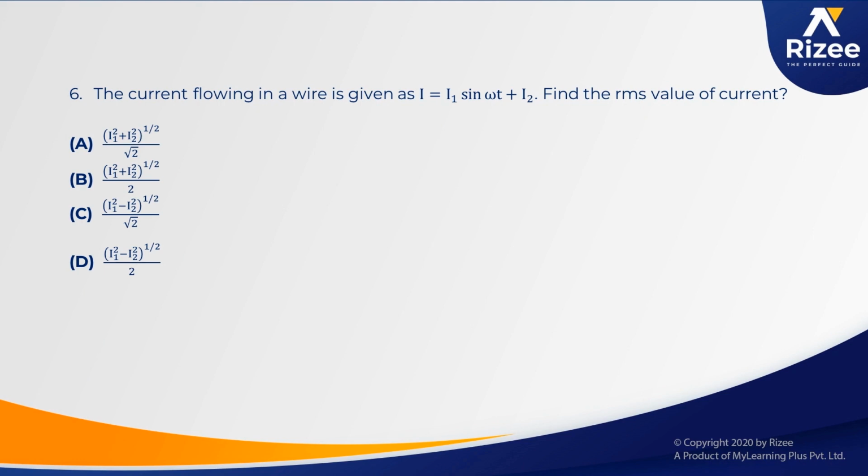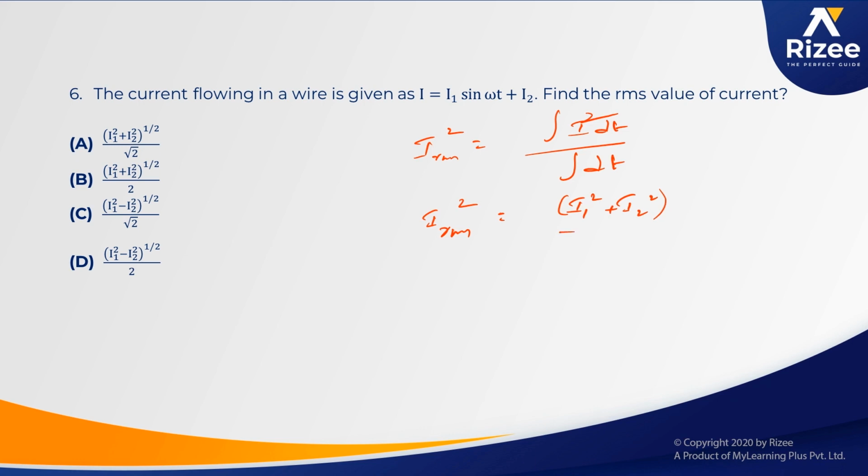You can determine the RMS value of this by the general formula I am writing here. That is, IRMS square can be written as the integral of I square dt by the integral of dt within the given limits. So on solving you will get IRMS square is equal to I1 square by 2 plus I2 square.